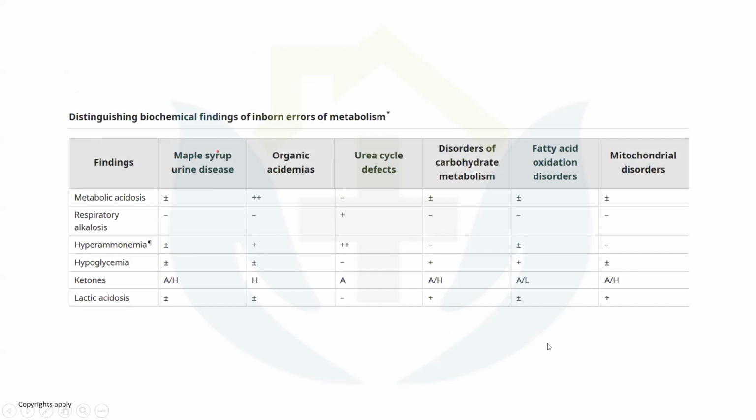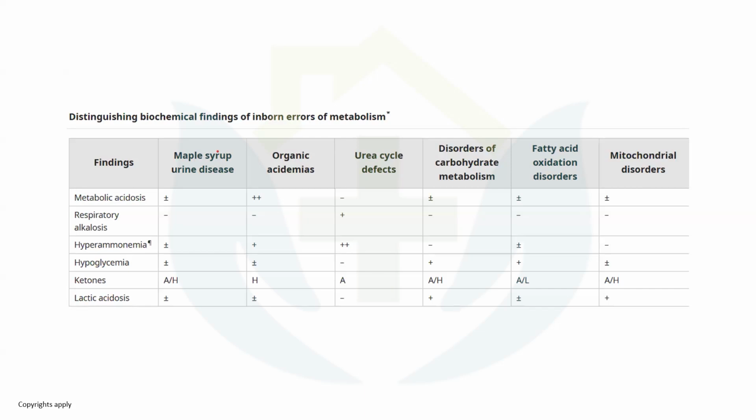So here, this slide basically compares different organic acidurias, maple syrup urine disease and the other metabolic inborn errors, just to see the clinical and biochemical findings and compare between them. We can see that hyperammonemia will happen.